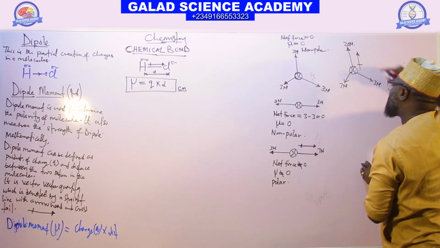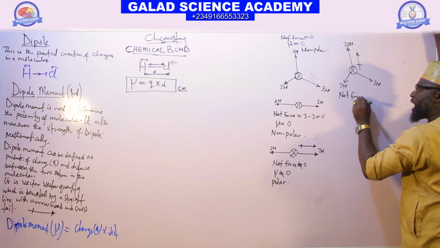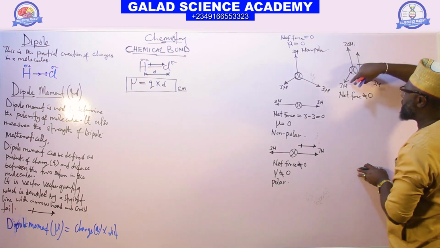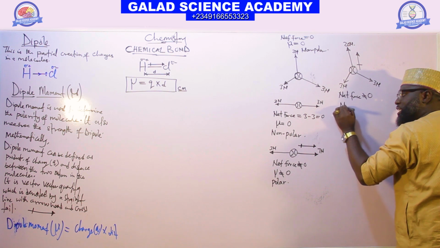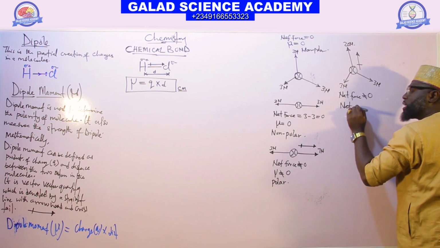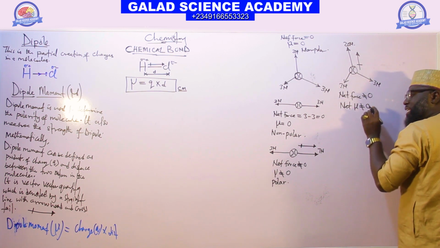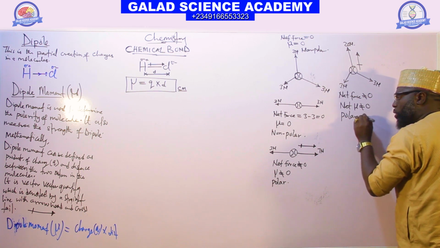The net force for this is not equal to 0, because 20 is more than this. When the net force is not equal to 0, the net dipole moment is also not equal to 0. When the net dipole moment is not equal to 0, the molecule is polar.